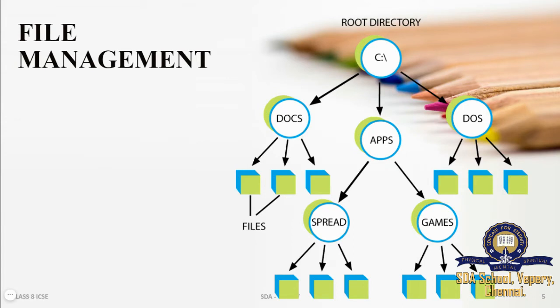I'm going to take your C drive. In that C drive, we call it the root directory, C directory. Okay, in that directory, what contents will come under the C category? It is your primary memory. It is your main memory.